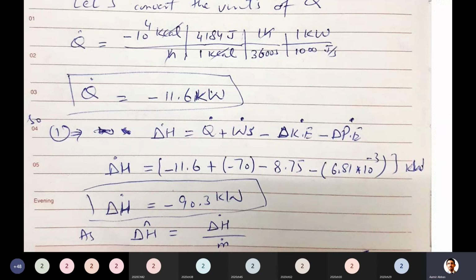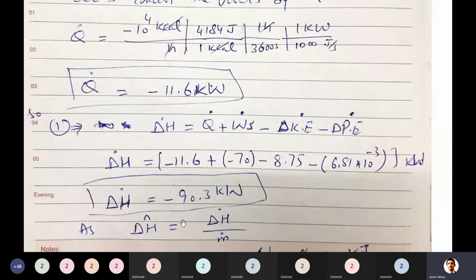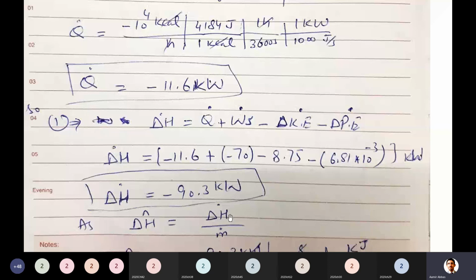But what was asked in the question? Change in specific enthalpy. You can calculate that very easily, as we discussed in the start. The formula should be, for example, del H over m, but m is also a flow rate and del H is also per unit time. So this kilowatt is actually kilojoule per second.